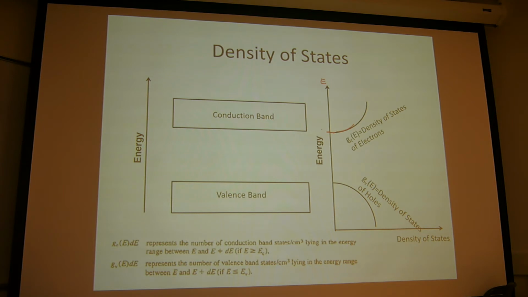So this is the EC, the conduction band edge, and above the conduction band edge, we will have the available states, or the empty states, for the electrons to occupy. And then we are going to use this density of states to describe how dense those states are. If you consider a small step of the energy level, let's say dE, then this region means the number of states that the electrons can occupy.